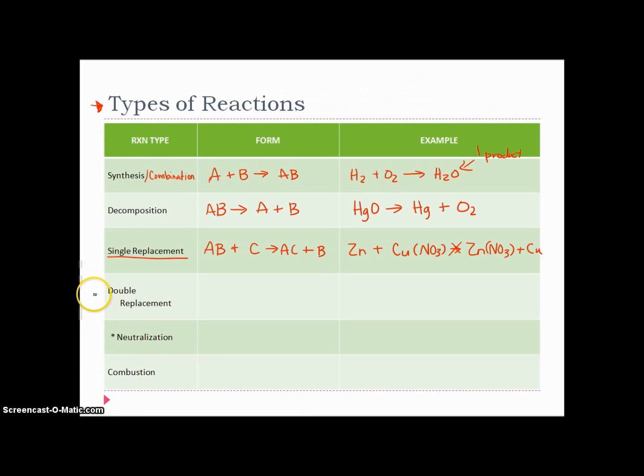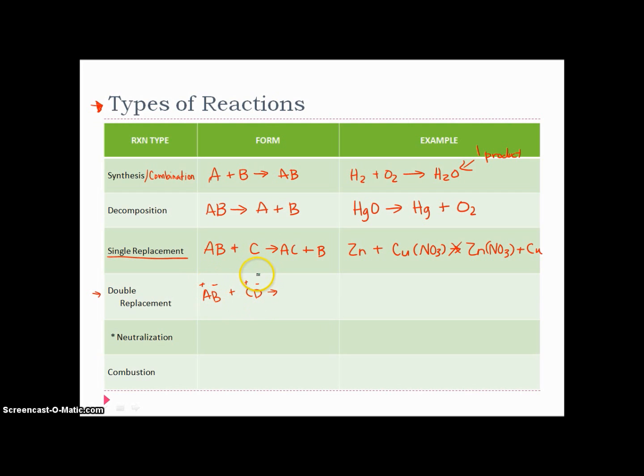Now we have double replacement, and we saw lots of these in our lab. This is when couple A and B go out on a date with couple C and D, and there's always the positive and the negative ion. So this is the boy and the girl, the boy and the girl.